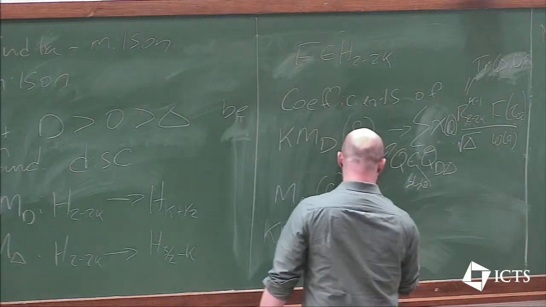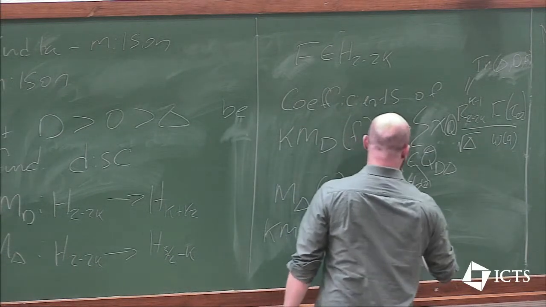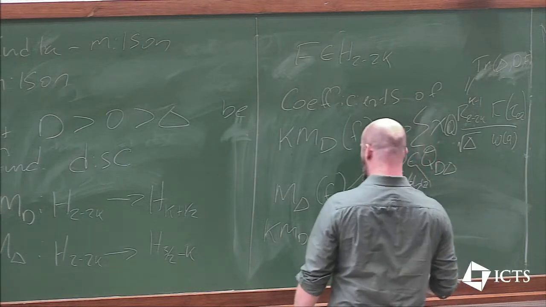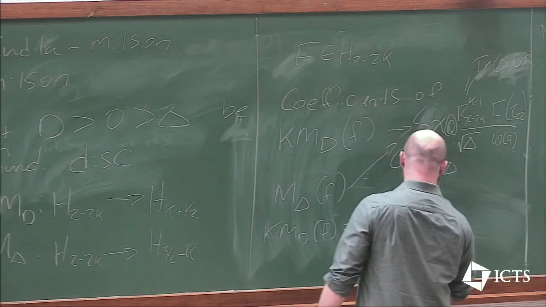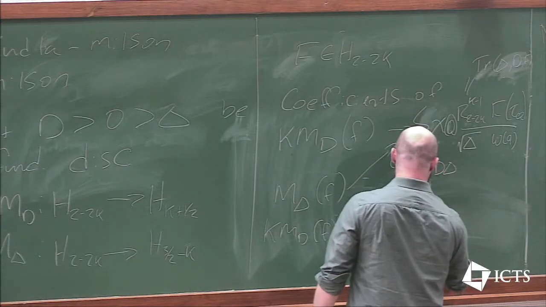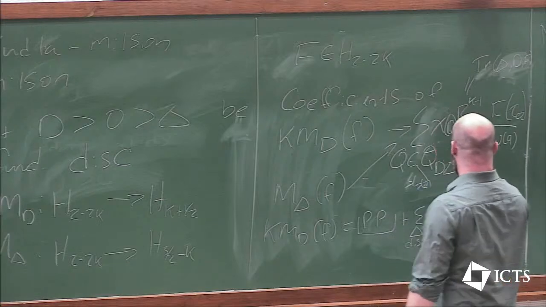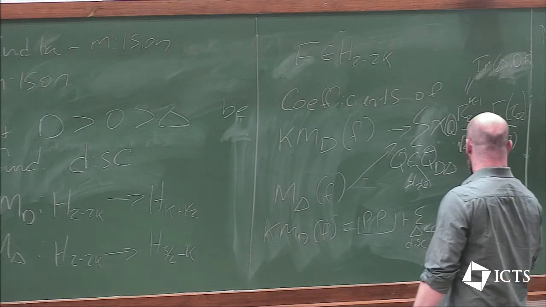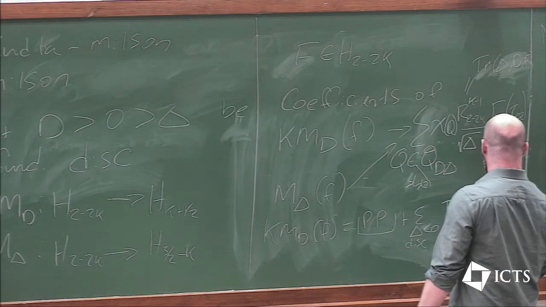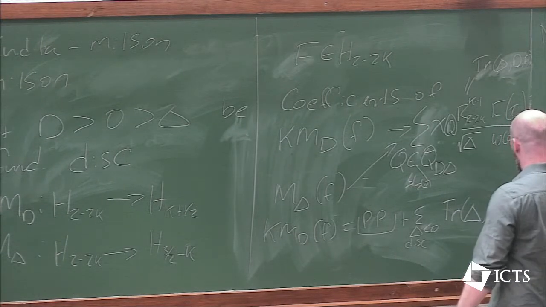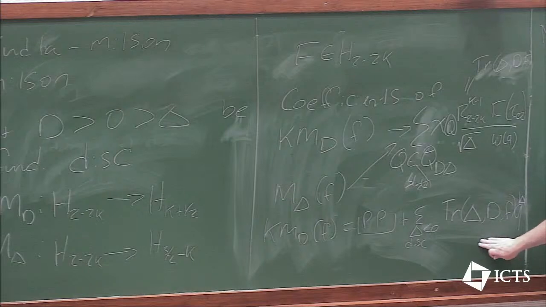Let's ignore this for the moment. Plus the sum over discriminants delta. Now, delta is going to be negative discriminants. And then we're going to get this trace of delta D f times q to the absolute value of delta. That's what's going to come out there.